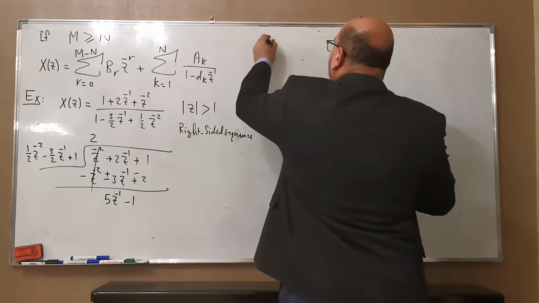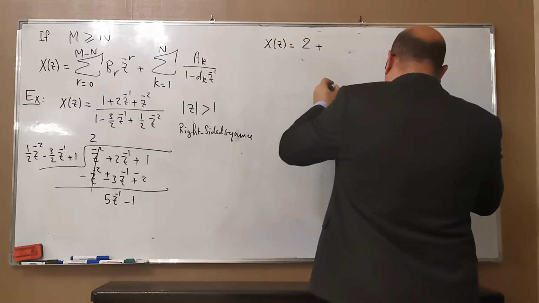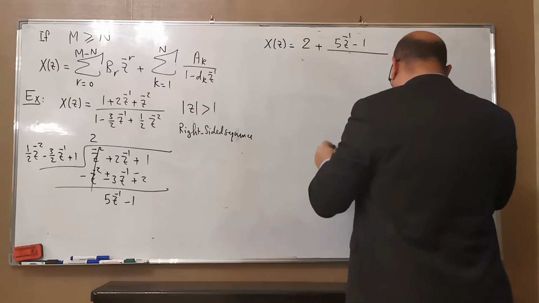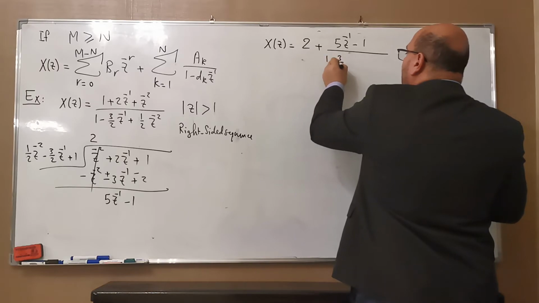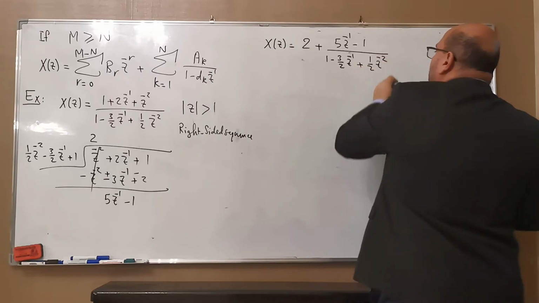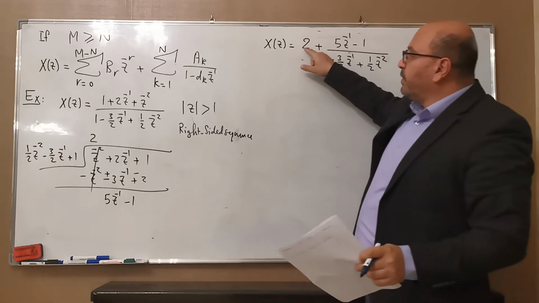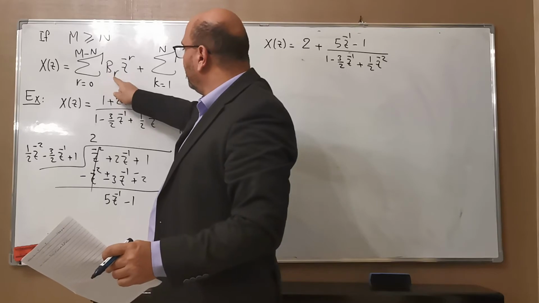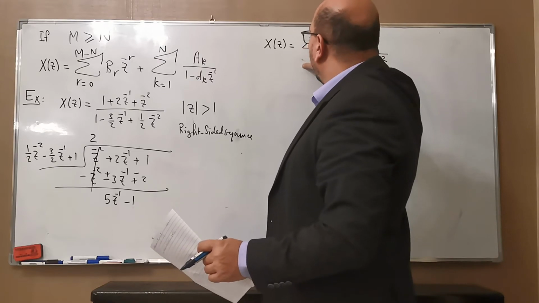And we will have X(z) now equal to 2 plus 5 z inverse minus 1 divided by 1 minus 3/2 z inverse plus 1/2 z to the minus 2. So this is the process of long division. Now we have this b_r, and b_r is the only coefficient. You have r equals 0, so it's 2, b0.